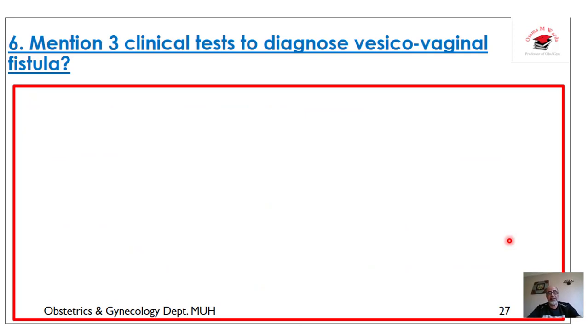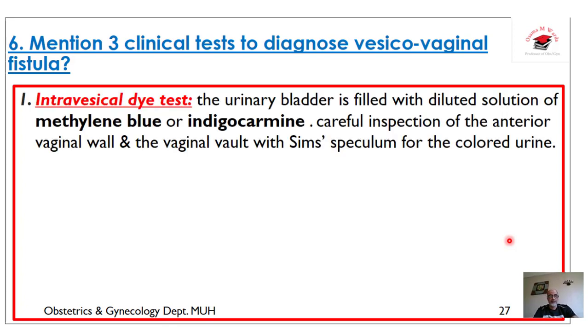Mention 3 clinical tests to diagnose vesicovaginal fistula. Intravesical dye test. The urinary bladder is filled with diluted solution of methylene blue or indigo carmine, but methylene blue is more preferred.